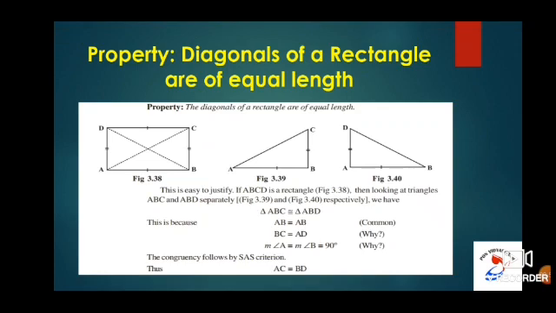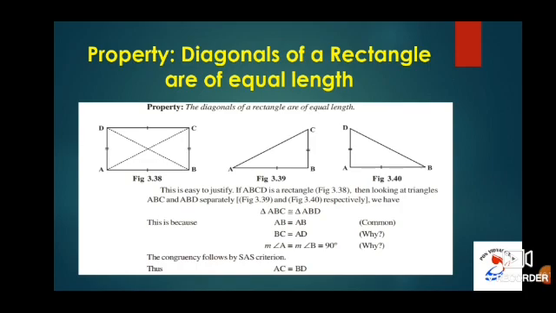This is for rhombus. Now property 2: diagonals of a rectangle are of equal length. So for a rectangle, the diagonals will be of the same length. Here we will take ABCD to be a rectangle. If ABCD is a rectangle, we will consider two triangles, that is ABC and ABD.